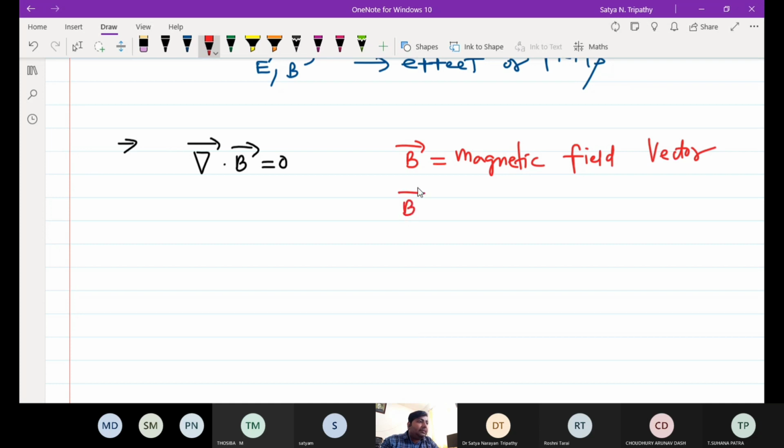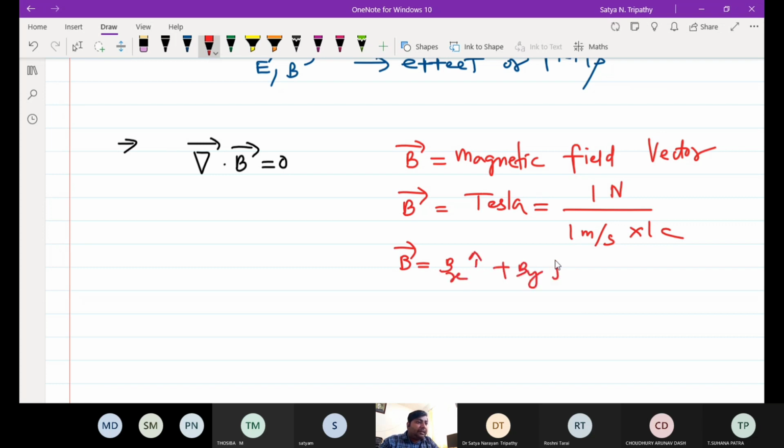The unit is Tesla. Tesla means 1 Newton divided by 1 meter per second into 1 coulomb. And it has 3 components: Bx i cap, By j cap plus Bz k cap. So this is basically a vector notation.